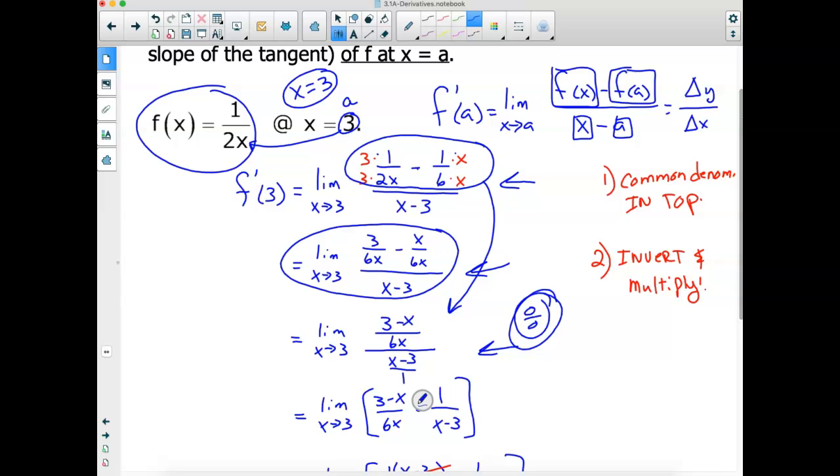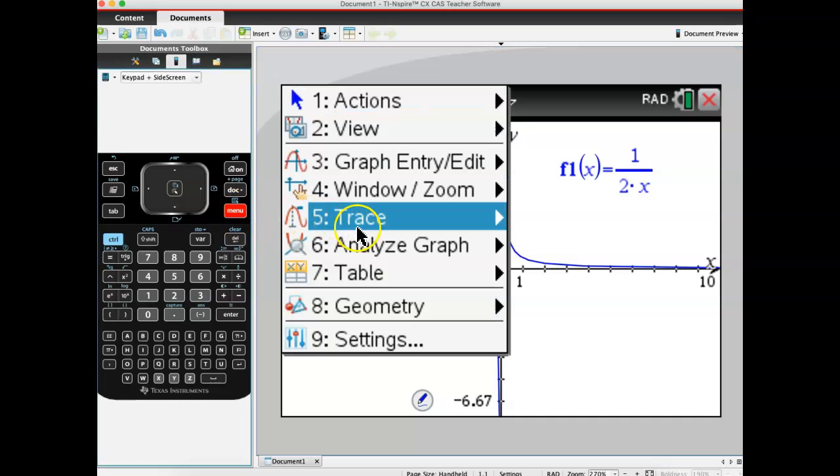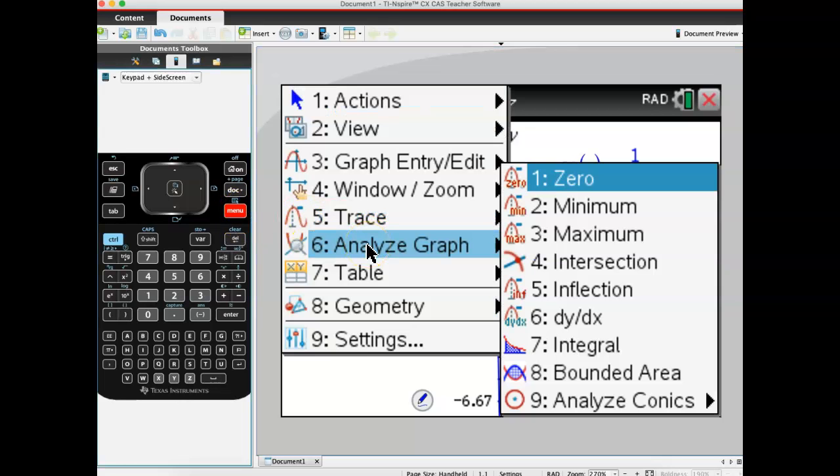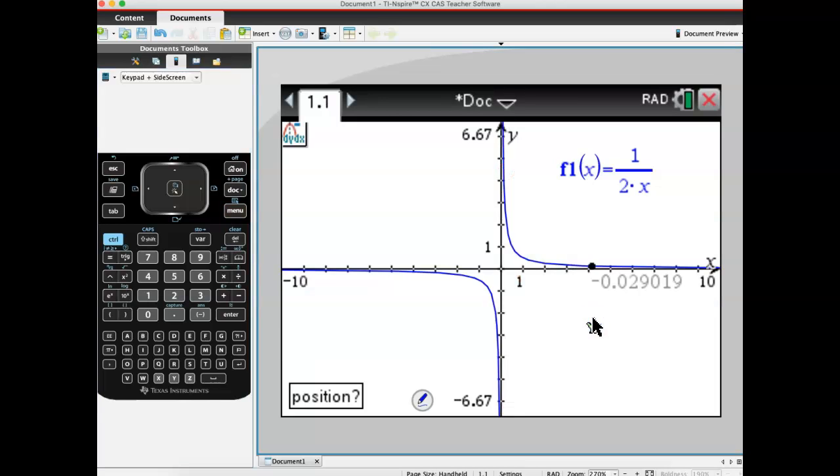And I just want to show you something in your calculator here. If you don't have it, hit pause and grab it. We can have our calculator tell us these numerical derivatives at the same time, and it's important you know how to do this as well. So right here, I'm looking at the graph of 1 over 2x. If I go to my menu, and go to Analyze Graph, and go to this cute little dy dx, now that we know that's a derivative, I'm going to hit that, and it asks me here in the corner what position.